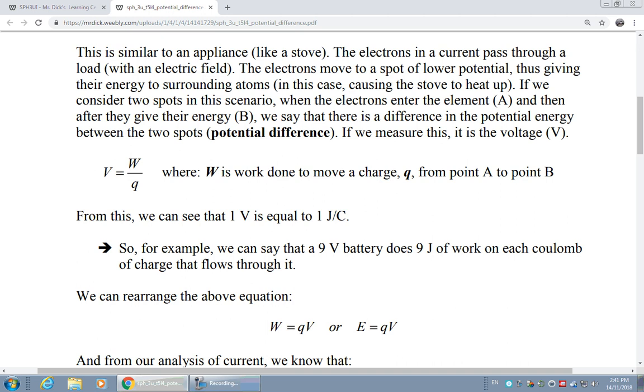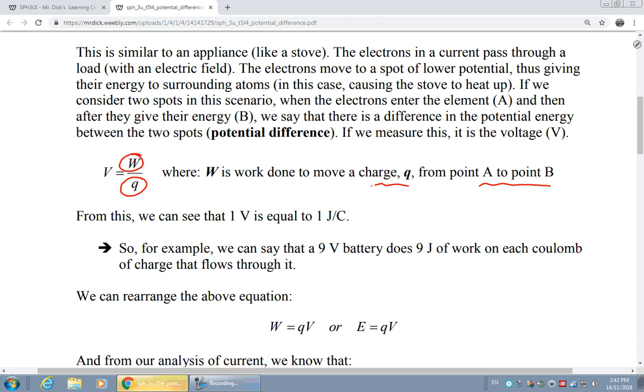So in order to calculate voltage, or what we call potential difference, we take the difference in potential energy, which is really the work that needs to be done to move a charge, which we'll call Q, from point A to point B. So if we know that work value, if we just take the work and then we divide by how much charge that work is being done to, we get this value of potential difference, which again doesn't tell us necessarily the difference in energy, because energy is going to relate to how much charge actually flows through the circuit.